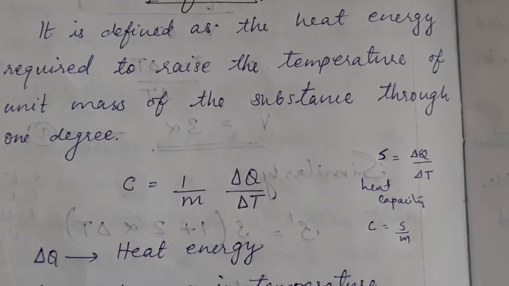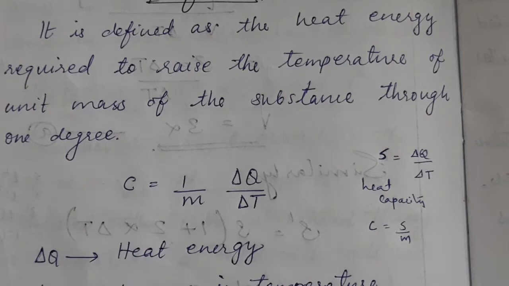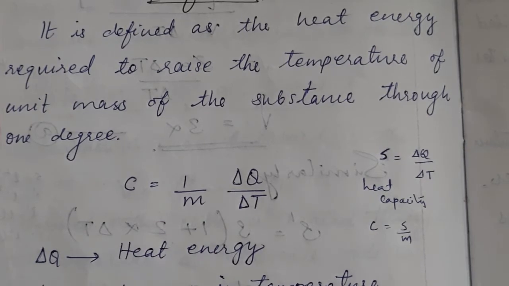There is a particular branch of physics that deals with this measurement of heat. This is known as calorimetry, because the word calorie is known to you as the unit of heat.